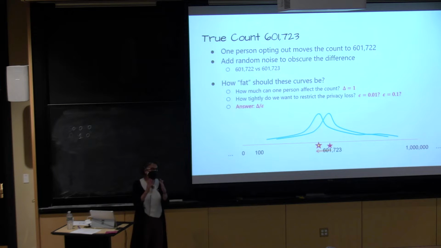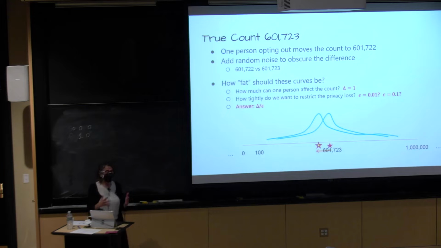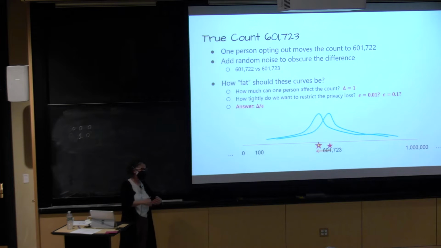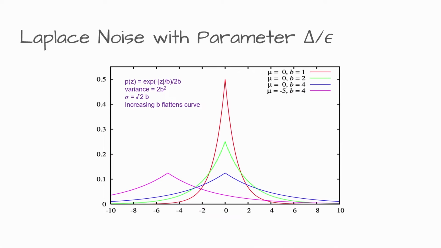Delta's in the numerator, so if you have a function where changing the database by one person really swings the value of the function, you have to fatten up that noise. Similarly, if you really care about privacy, you want to again have the noise spread things out. And so we have epsilon in the denominator. Small epsilon means a bigger value.